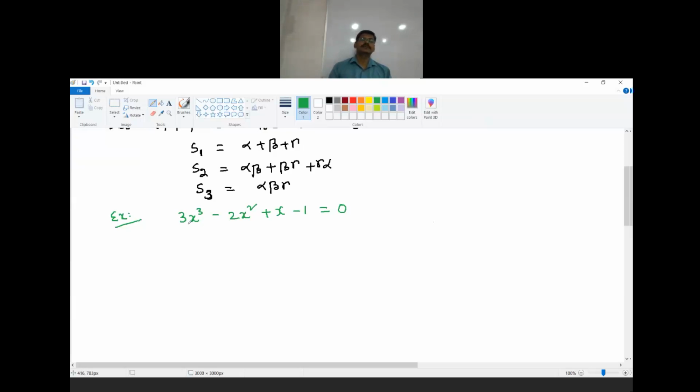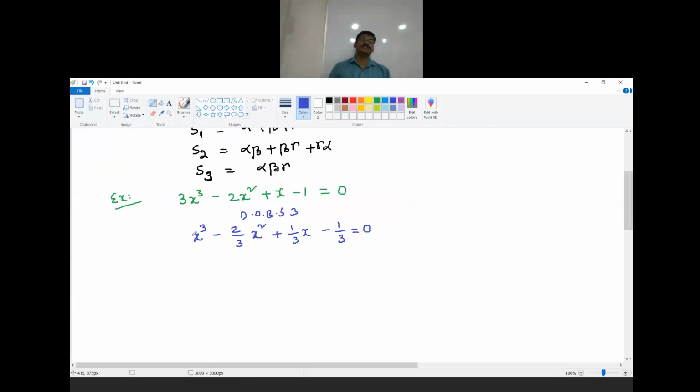Standard form means the coefficient of the highest power term must be 1. At present we have 3. If 3 is divided by 3, we get 1. So dividing each and every term on both sides by 3 gives x cube minus 2 by 3 x square plus 1 by 3 x minus 1 by 3 equals 0. Now with respect to the coefficient, we have the standard form.